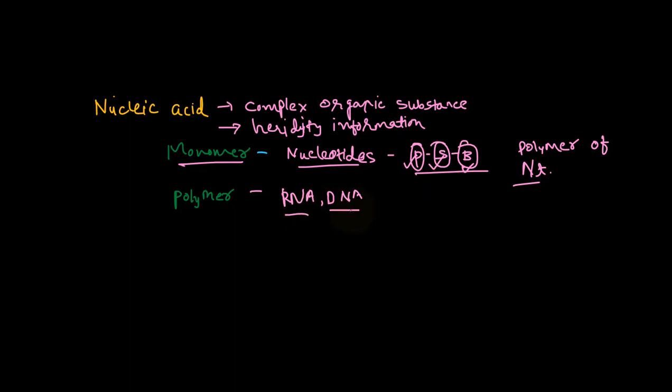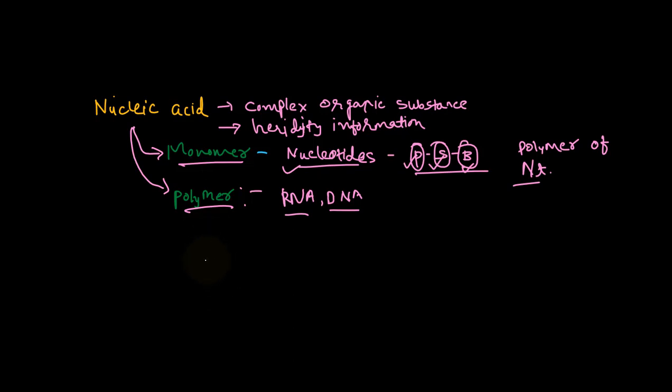DNA and RNA are made up of nucleotides, the monomer of nucleic acid, and the polymer of these nucleotides is the DNA or RNA. Now we are going to discuss the structure of DNA and RNA, right? The arrangement of nucleotides is called a polynucleotide.